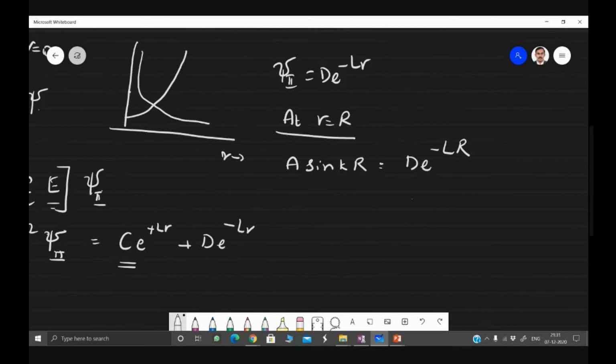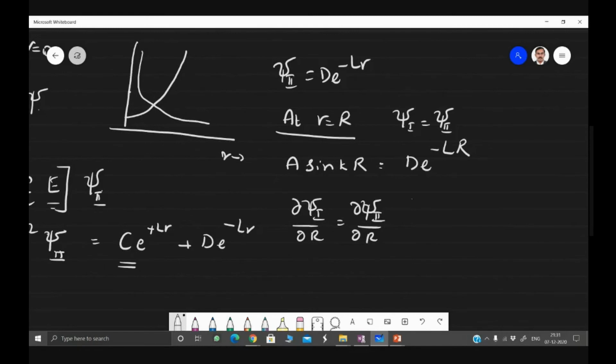So the wave functions psi 1 and psi 2 must be equal, and for smooth continuity, the derivative condition should also be satisfied. That means dou psi 1 by dou r must be equal to dou psi 2 by dou r.